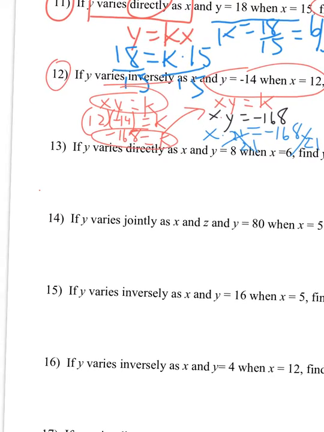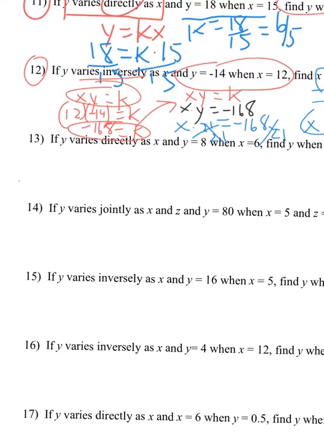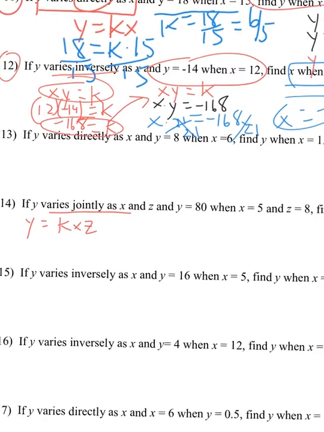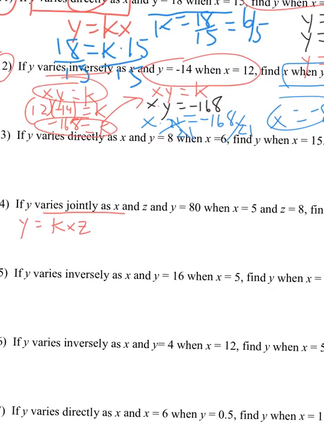And then we're going to go down to the first joint example on 14. Notice it's y varies jointly, so y equals kxz. And we know y equals 80 when x is 5 and z is 8.